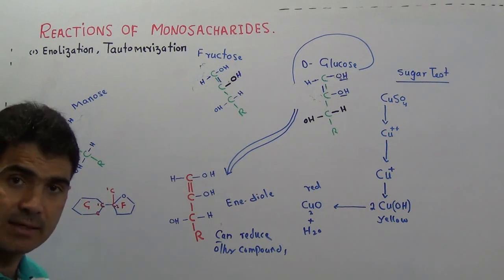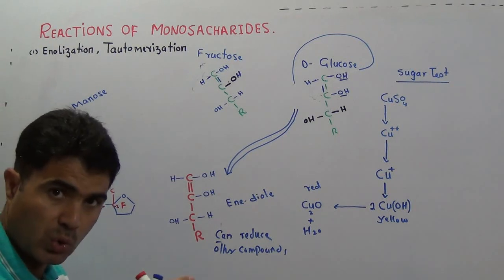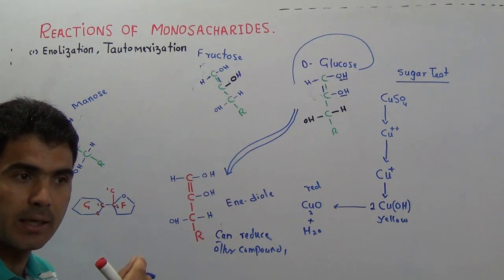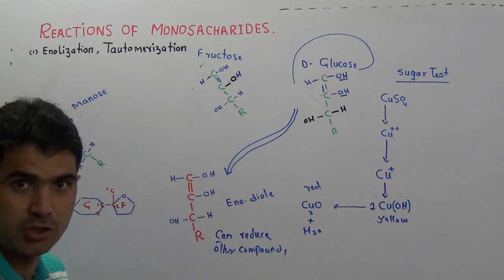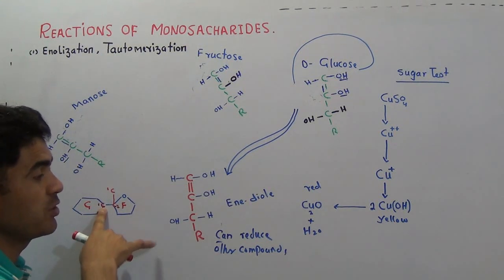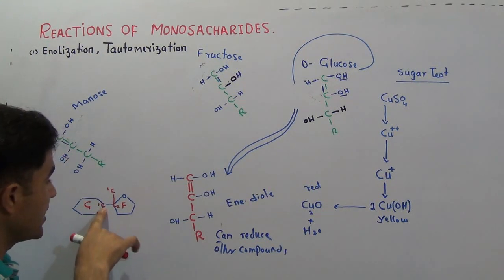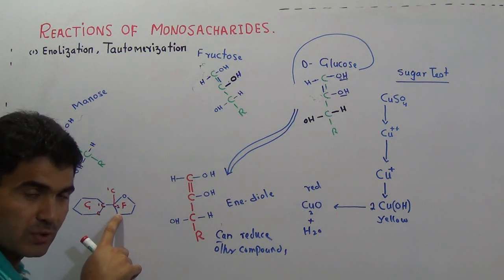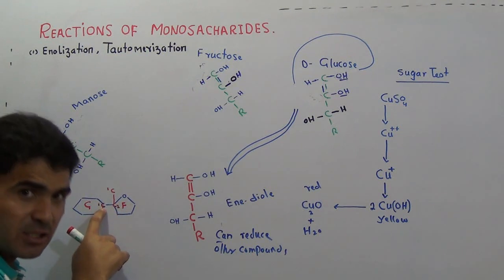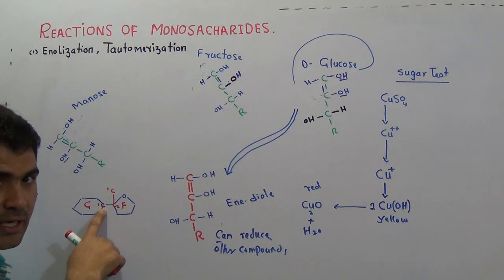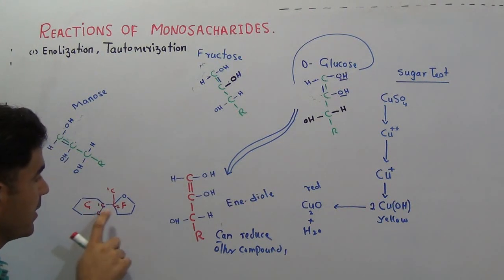We have already discussed that in case of glucose, carbon number 1 is the carbon having the aldehyde functional group. So this carbon was responsible for the formation of enediol, and it is now busy. This carbon has made a bond with the fructose.